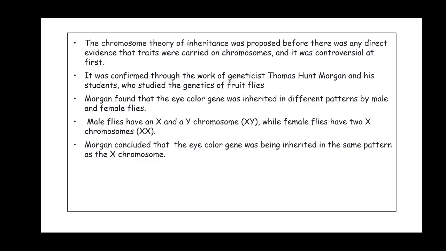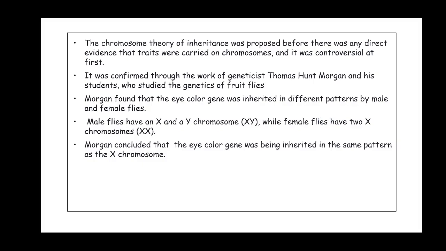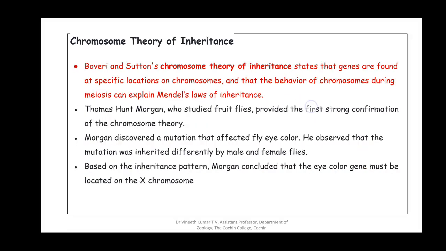Morgan found that the eye color gene was inherited in a different pattern in males and females. Males have X and Y chromosomes, while females have two X chromosomes. Morgan concluded that eye color was inherited in the same pattern as the X chromosome.